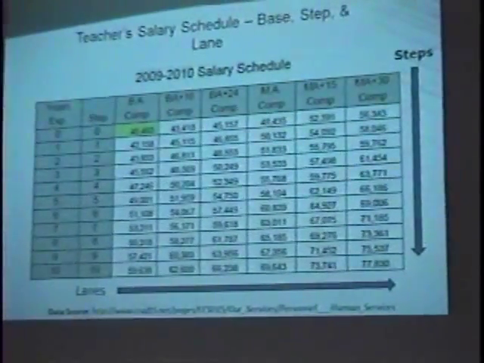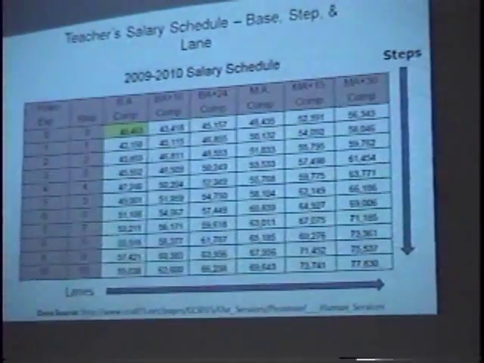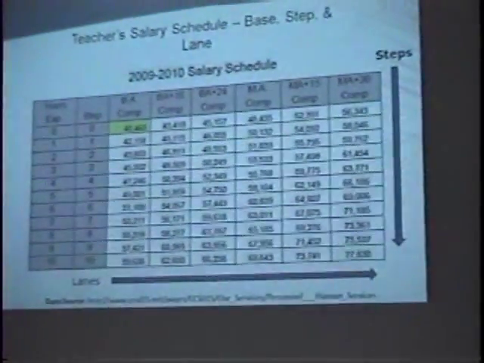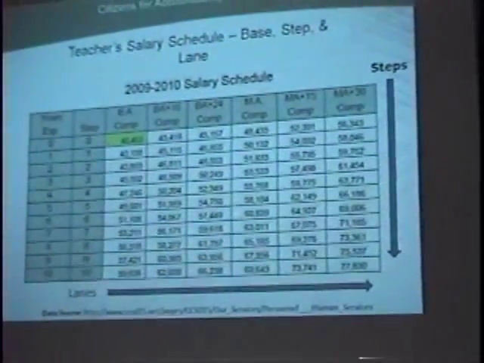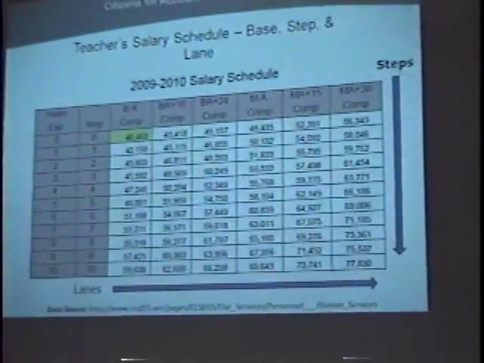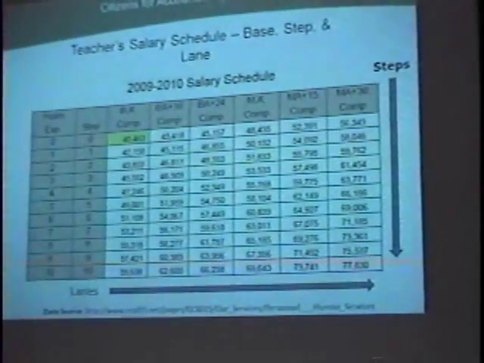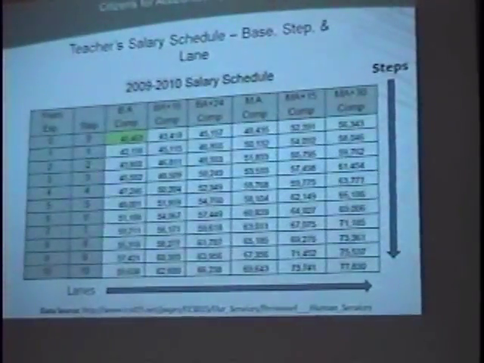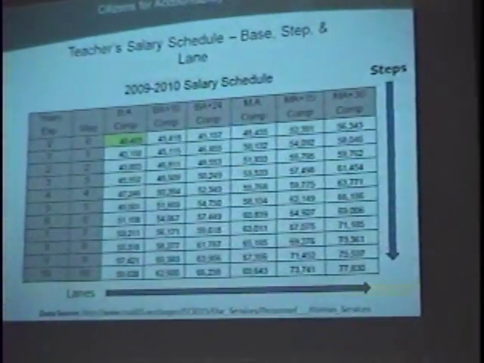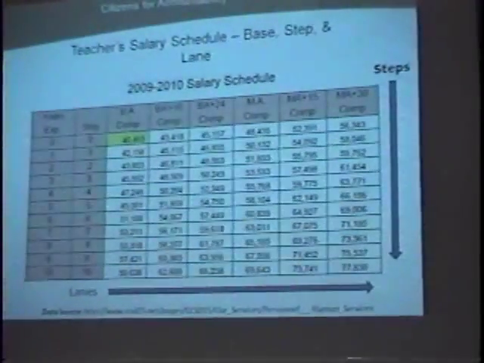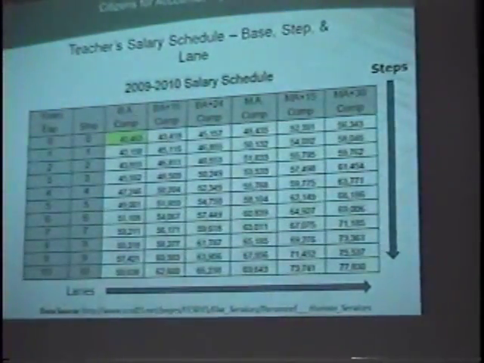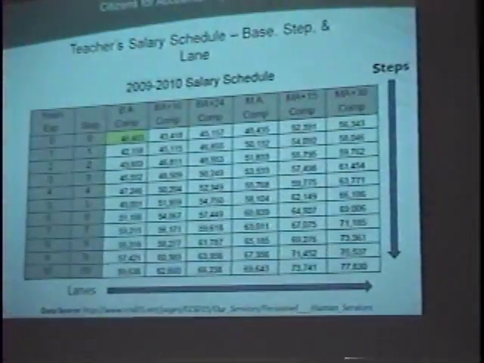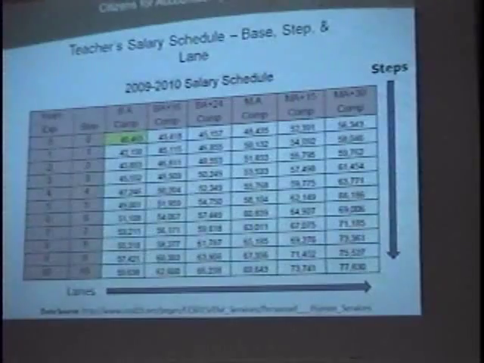Now, before I even get started on any of this, I want to point out that this is the actual salary schedule from District 15, from their website. You can see the data source down there is CCSD 15, and that shows you where the website is. So this isn't anything that we compile and put together ourselves. You can find this on the website. So if you think this is interesting, if you want to do any further research here, go at it, because this is on the website.